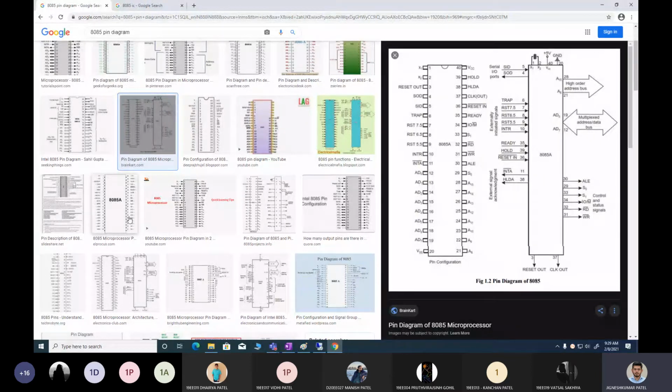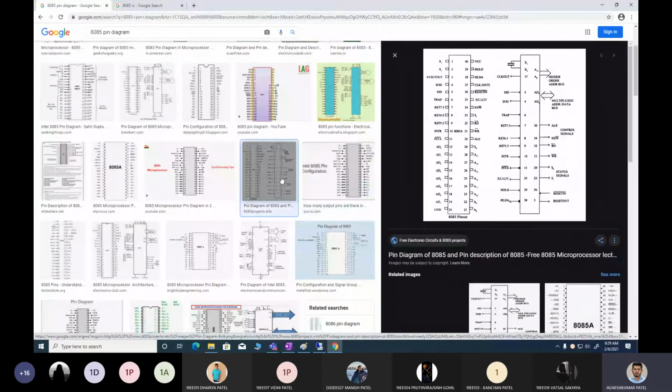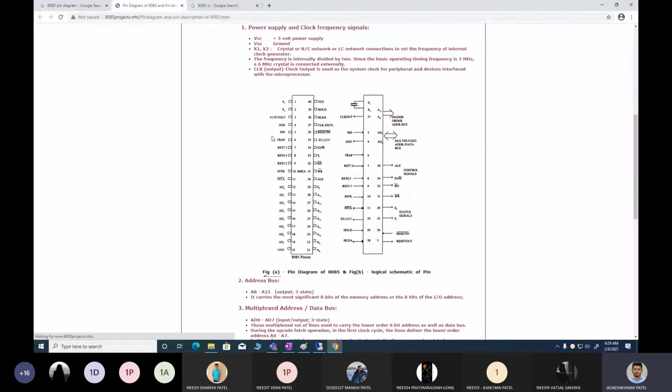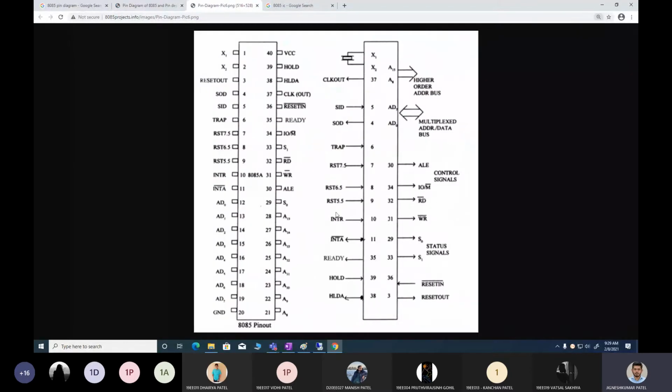Let me open a clear, high resolution image here. I hope it is visible to everyone. First of all, we'll be starting with these two pins, X1 and X2.